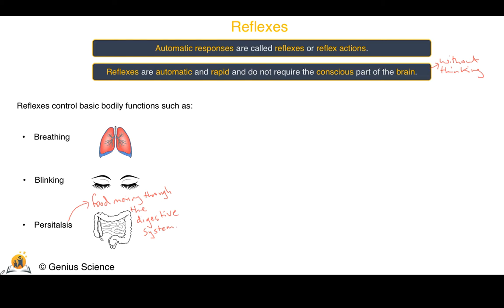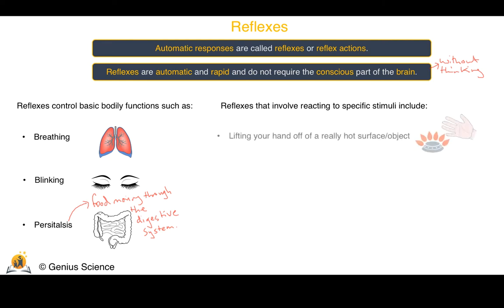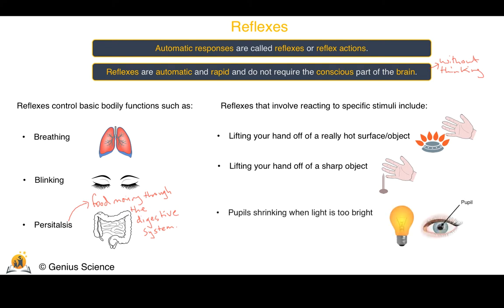Other examples of reflexes that involve reacting to specific stimuli include lifting your hand off of a really hot surface or object, in this case a flame, lifting your hand off of a sharp object, for example a nail, and lastly we have pupils shrinking when light is too bright.